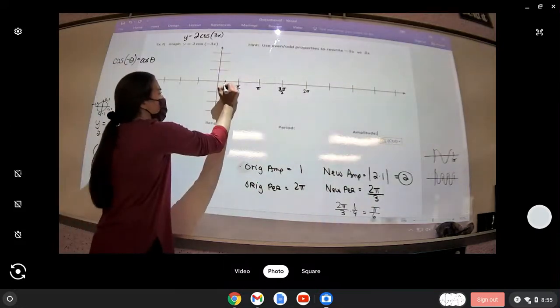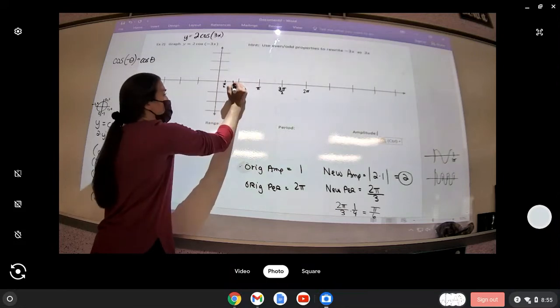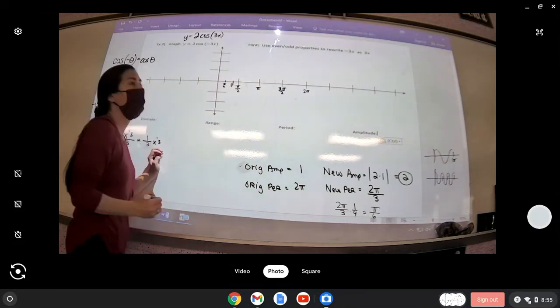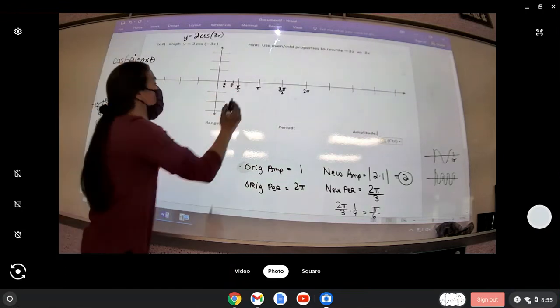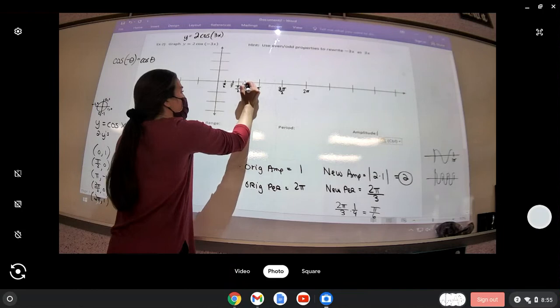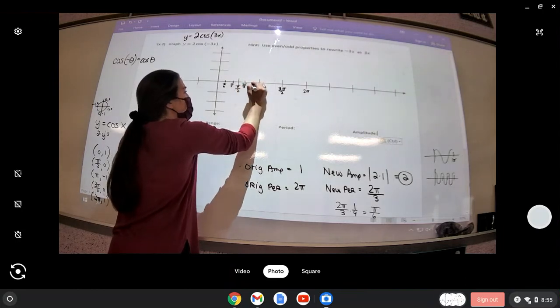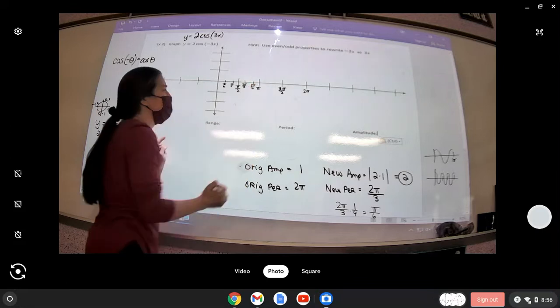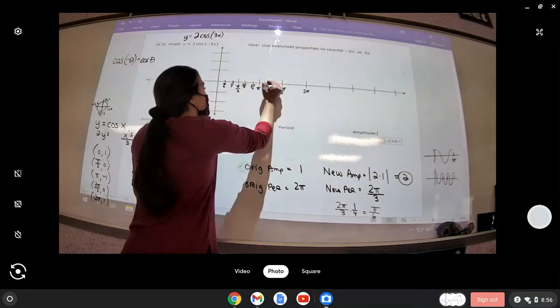So here's 1 pi over 6. Here's 2 pi over 6, which reduces to pi over 3. Here's 3 pi over 6, which reduces to pi over 2. Here's 4 pi over 6, which reduces to 2 pi over 3. Here's 5 pi over 6. Here's 6 pi over 6, which is pi.